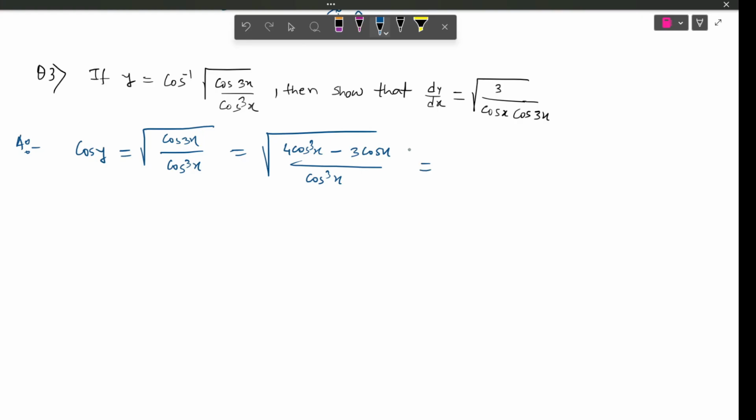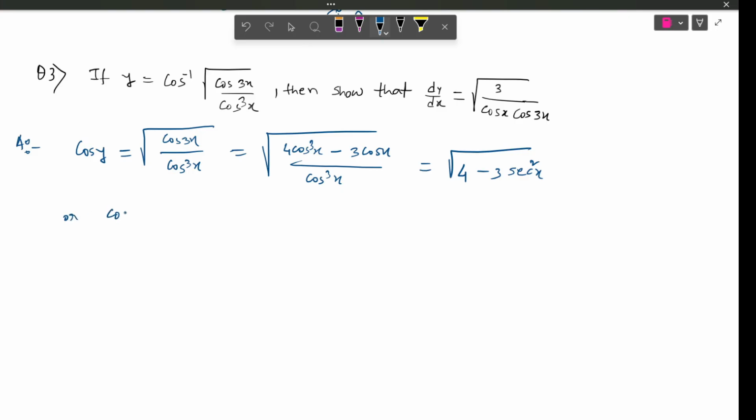Dividing by cos cube x, we will get cos cube x will cancel out. So this will be 4 minus 3, and here 1 cos will cancel out. So 1 by cos square x, that is sec square x. So 3 sec square x.